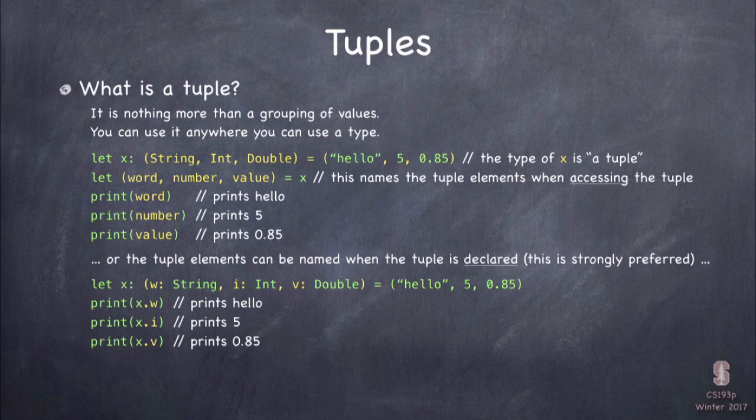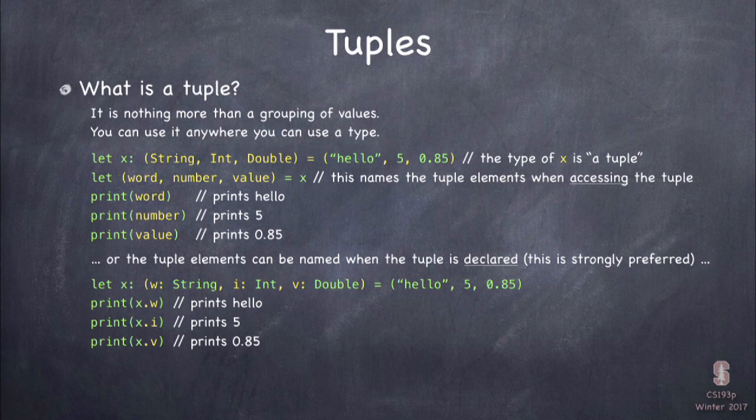I can just say x.w and get the first component of it. This is how we do tuples with names. I strongly recommend you almost always use names with tuples. It's a little easier to read and clearer about your intent as a programmer, because the names of the parts of the tuple can be good variable names.